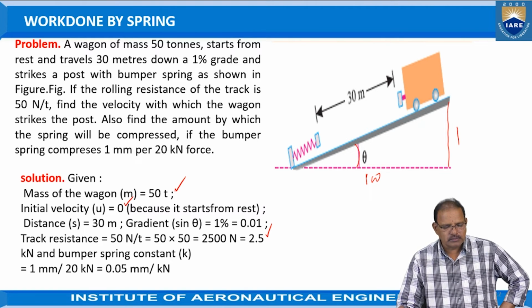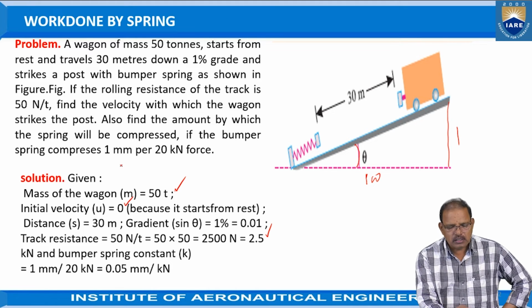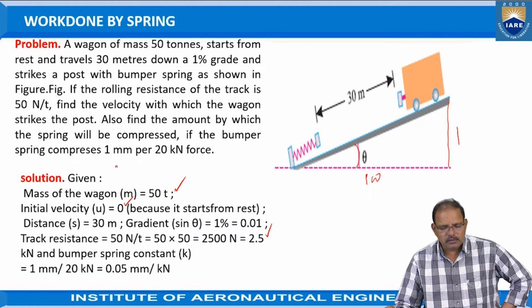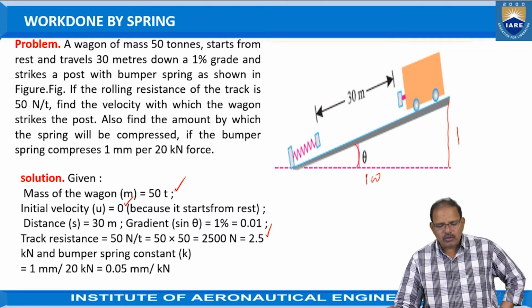Now the bumper spring constant K is given. It compresses 1 mm per 20 kilonewton force.